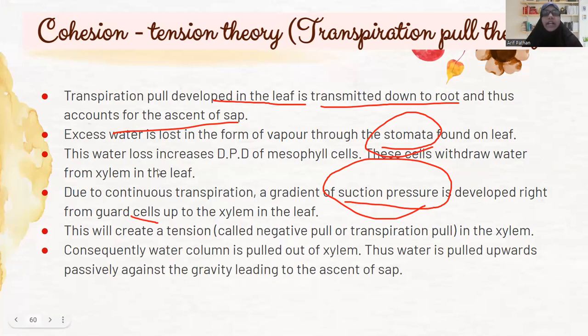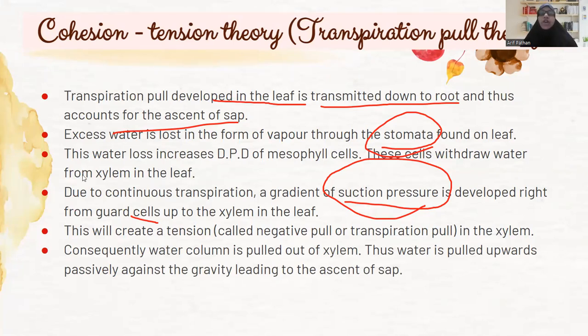So this theory explains all these pointers: because of the existence of the adhesive and cohesive force, and because of this transpiration pull, this suction force, pressure which is developed, there is translocation of water.